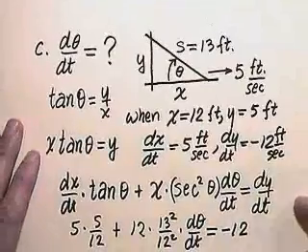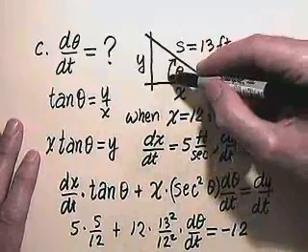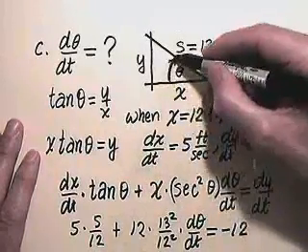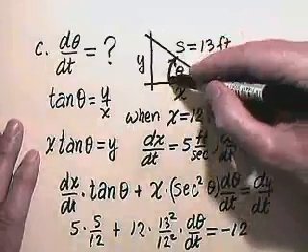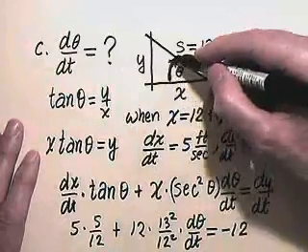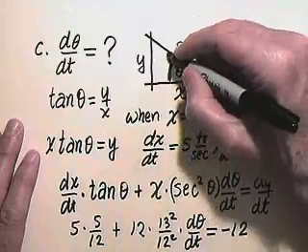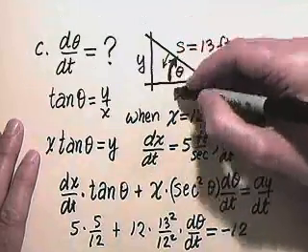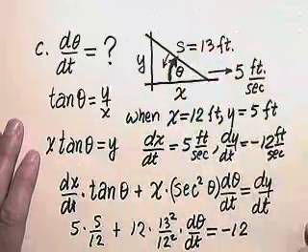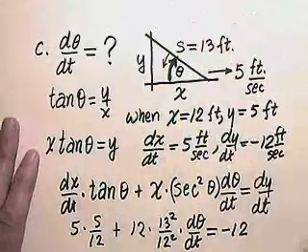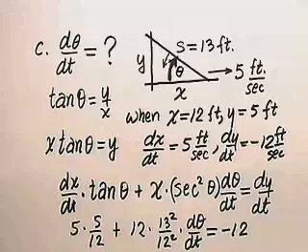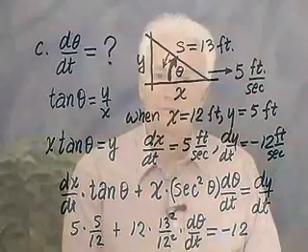Coming back to our picture here, you see I've drawn the angle as measured in the positive direction in this direction, and so consequently a negative d theta/dt means the actual motion of the ladder is down that way. The angle theta is decreasing at that instant at the rate of 1 radian per second.